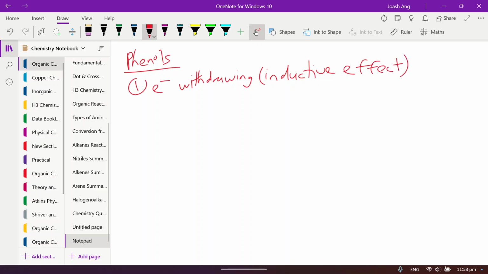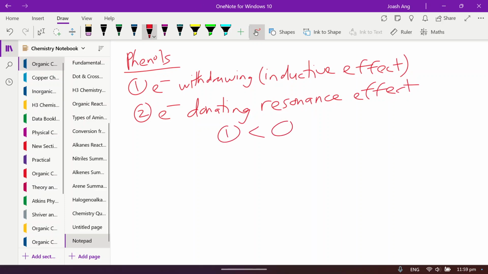And this electron withdrawing effect is actually weaker than the electron donating resonance effect. So 1 is less than 2, and that is why it's called an activating group.